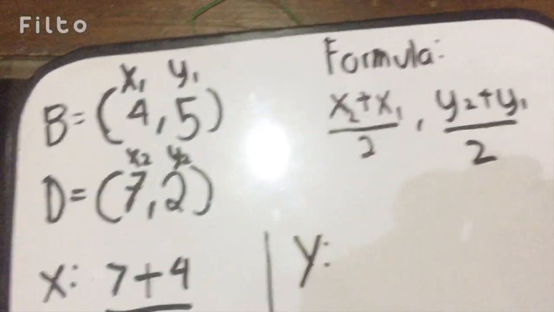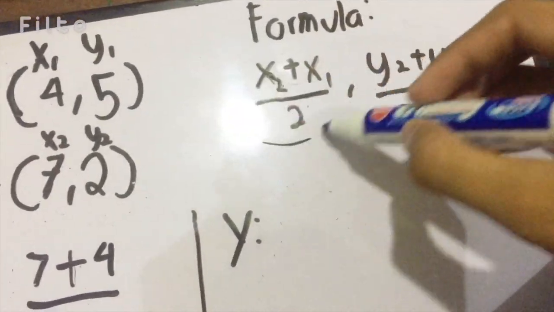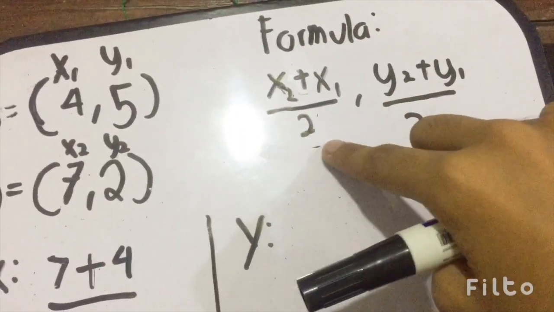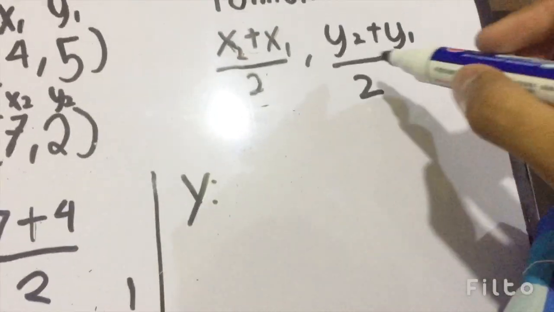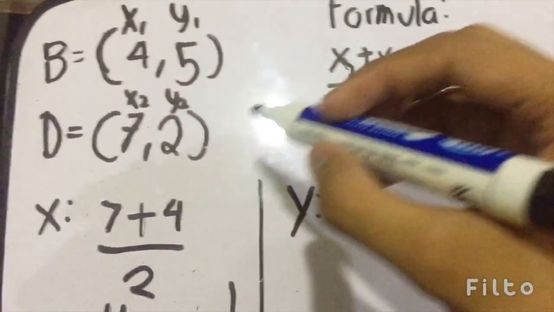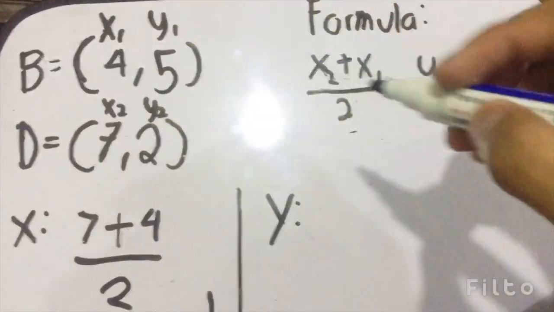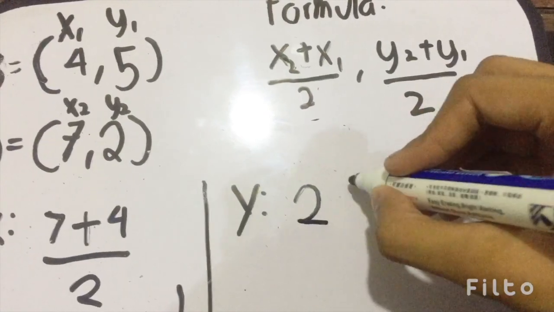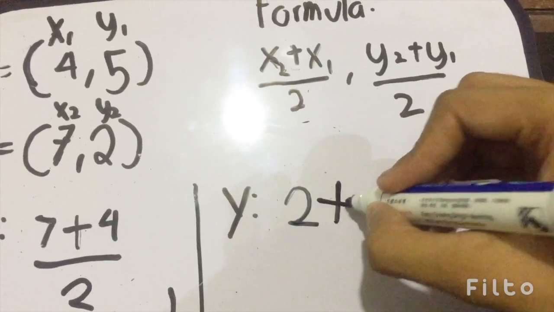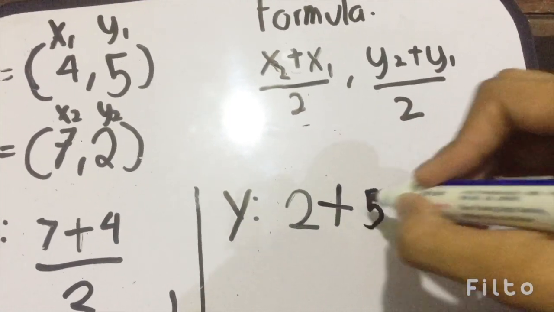And that is x sub 2 and x sub 1, and that's the formula I use. Now we will be doing y, which is this formula. So y sub 2 is 2 over there and 5 is y sub 1. So y sub 2 is 2 plus 5. It will be divided by 2.